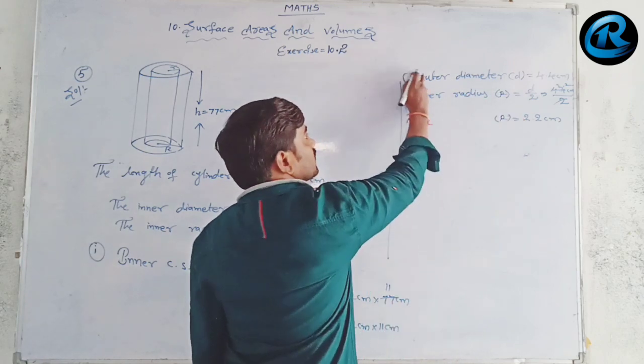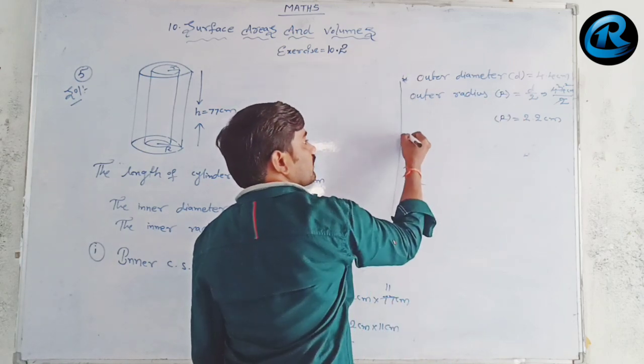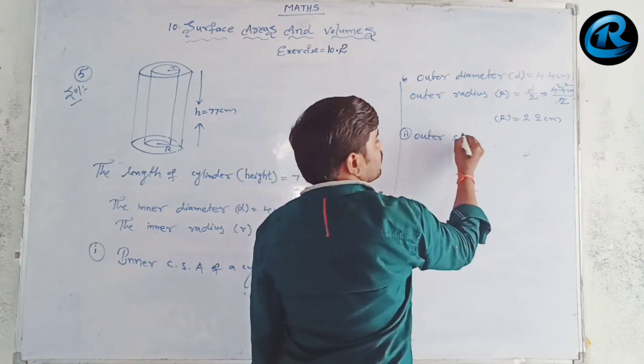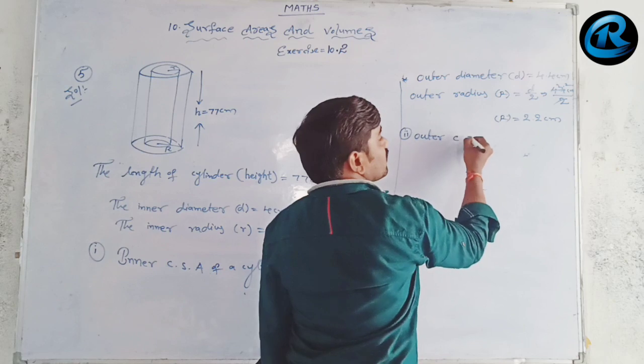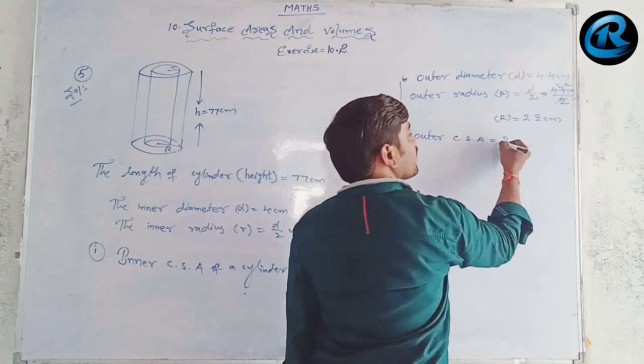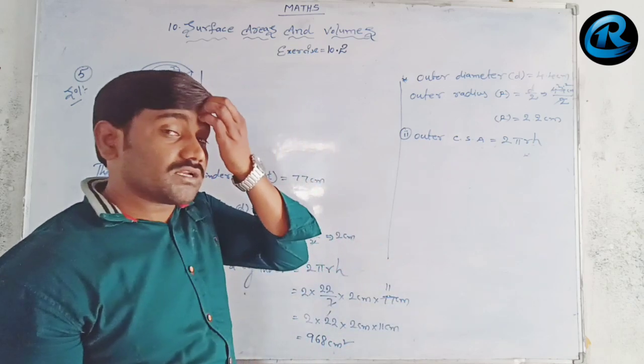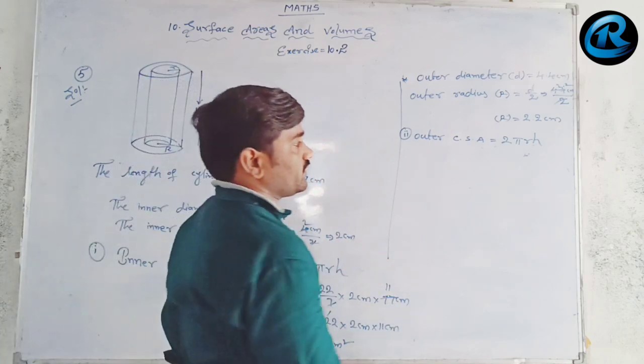Now, let us find out the second one, outer surface area. Outer curved surface area equal to, again same formula, 2 pi r square h. Outer curved surface area of a cylinder 2 pi r square h.